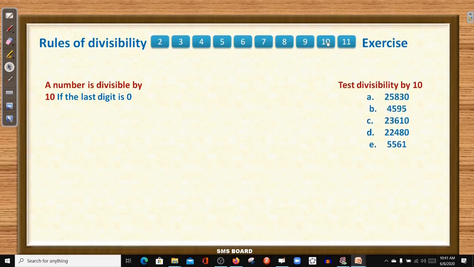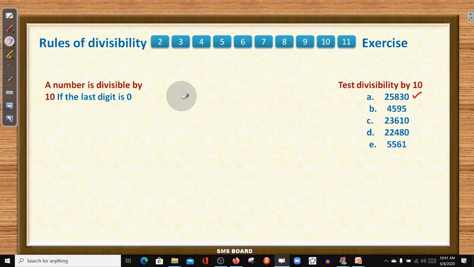Let us discuss some problems in the exercise. The first problem is 25,830. This number is divisible by 10 by the rule because the last digit is 0. So the first number is divisible by 10.